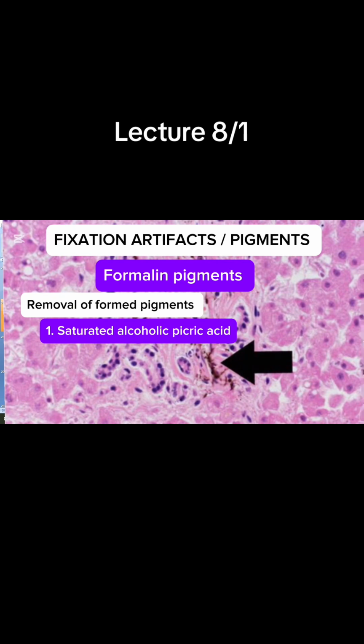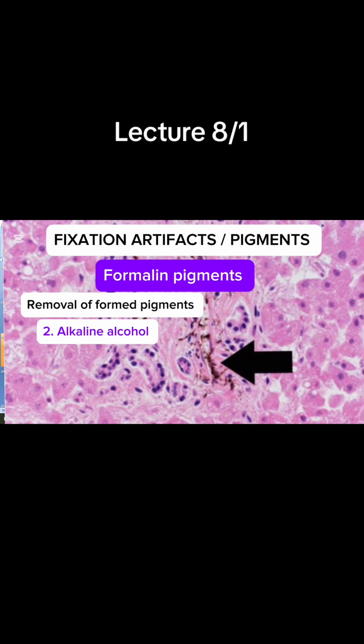Number three, chelation of iron. Picric acid chelates the ferric ions from the acid formaldehyde hematin, which is our pigment, making the pigment soluble and facilitating its removal. So the second technique is alkaline alcohol. In this case, we have two environments, an alkaline environment and an alcohol environment.